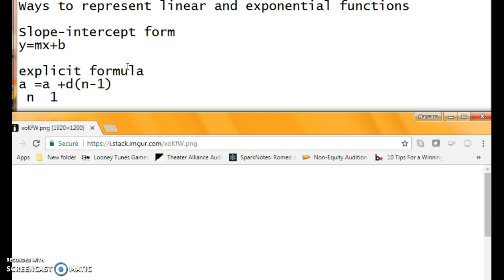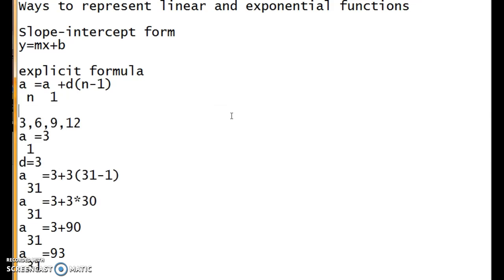So this is the explicit formula. Last time we talked about the recursive formula of this, which is very helpful for when you know the number before it. But this one is good for numbers that you have no idea about, but you know part of the sequence.